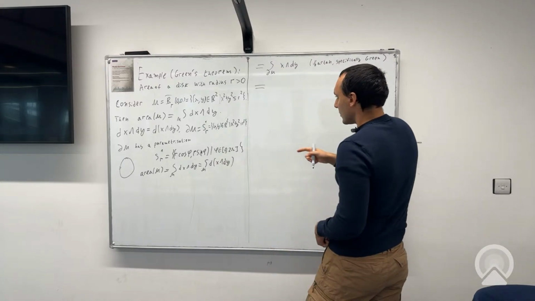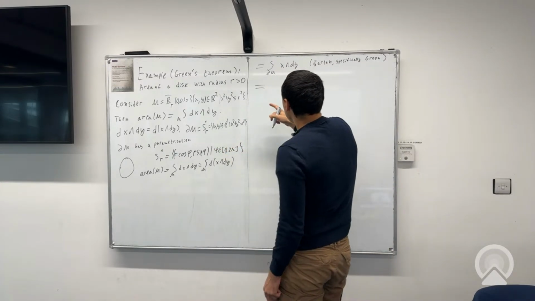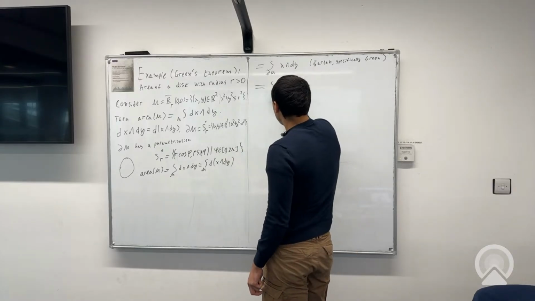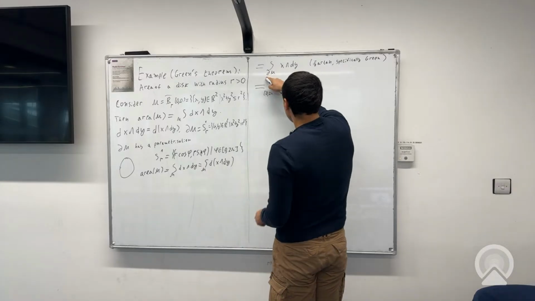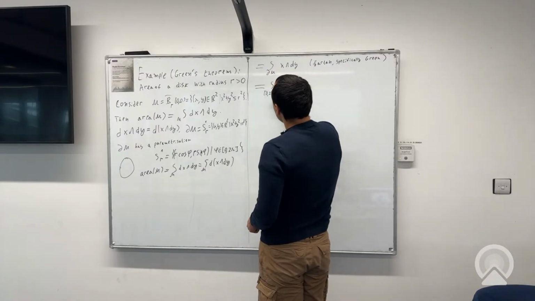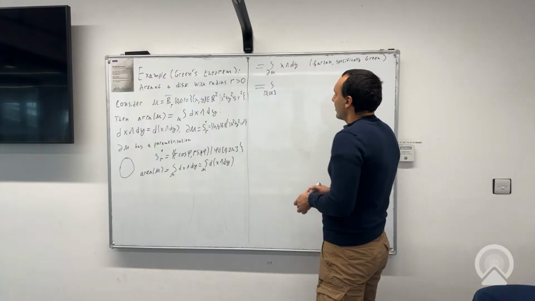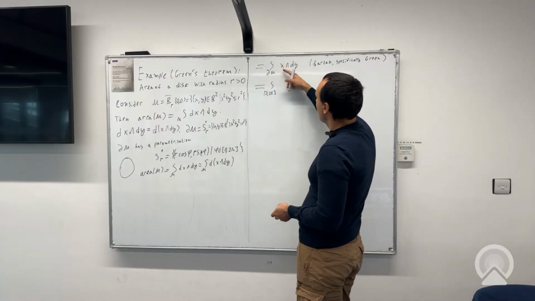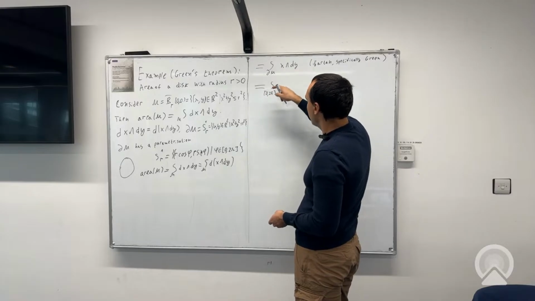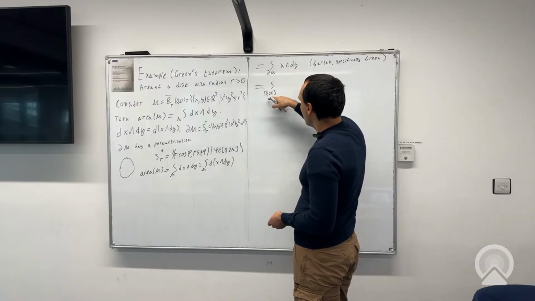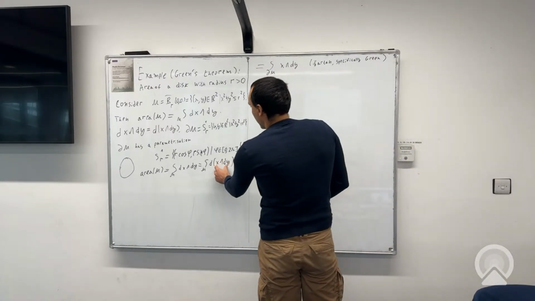Now we use these coordinates. So this will be the integral from 0 to 2 pi. So this is S, and now we are using change of variables, which intuitively means to change the interval, change the domain, and change the coordinates by substituting.